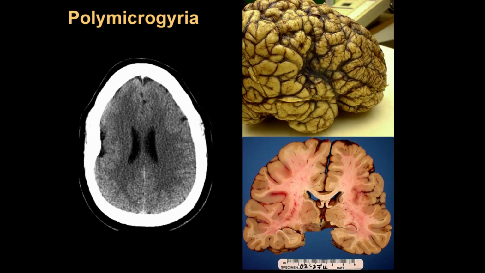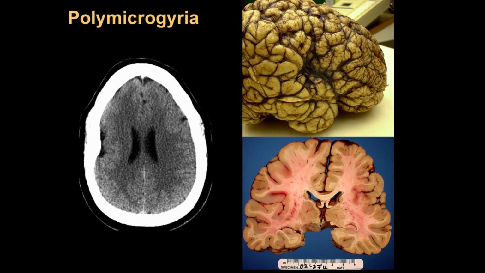Now, this is an example of a patient with polymicrogyria. This was a patient from my practice who came in with status epilepticus, and despite best efforts, didn't make it. And we can appreciate at autopsy here this lumpy, bumpy, very busy appearance of the entire frontal lobe back to the sylvian fissure.